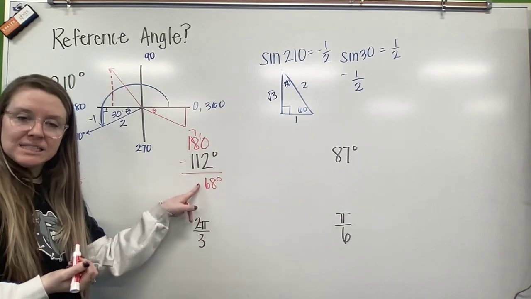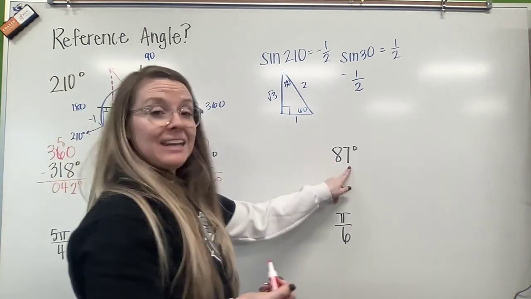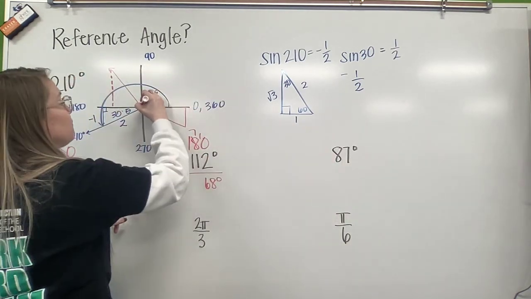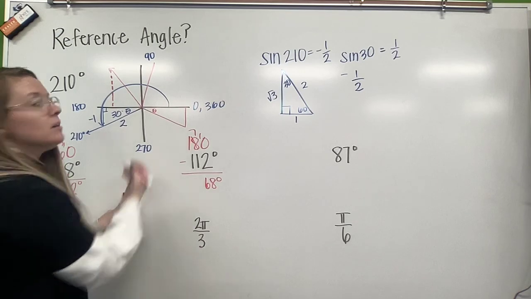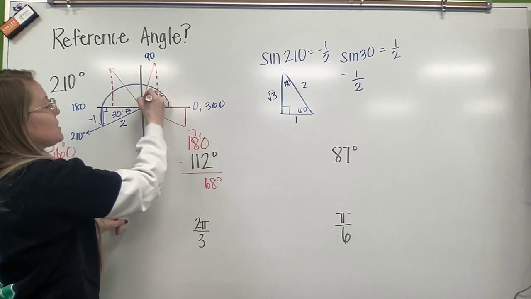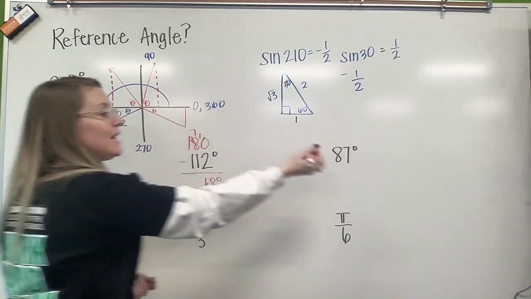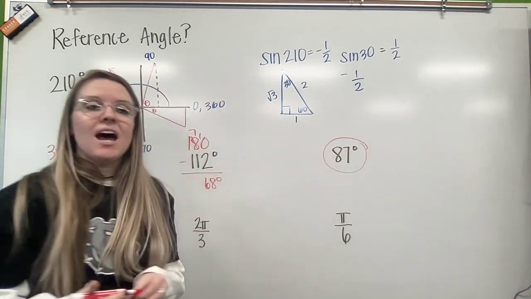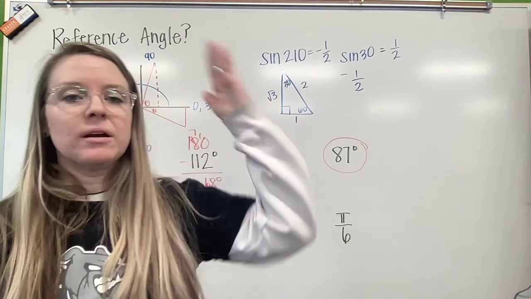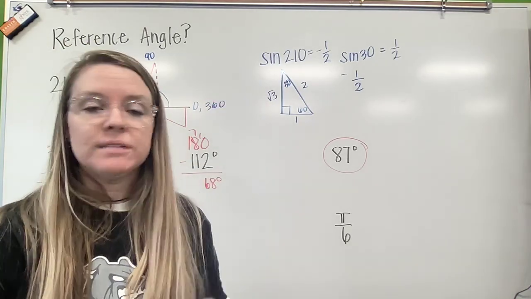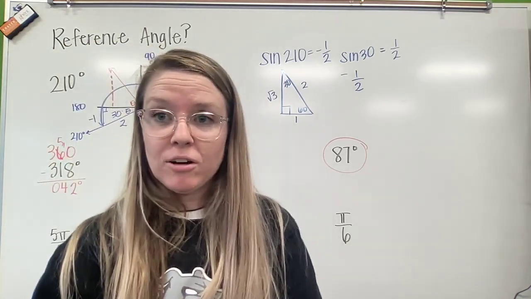Our reference angle is 68. And 87, that's in the first quadrant, somewhere around here. We refer back to the x-axis, and our reference angle is going to go down to the 0. 87 is our reference angle. Because we're in that first quadrant, our angle will be our reference angle.